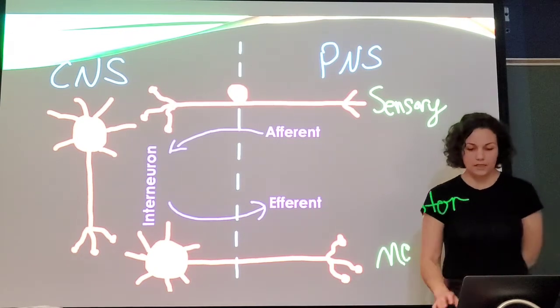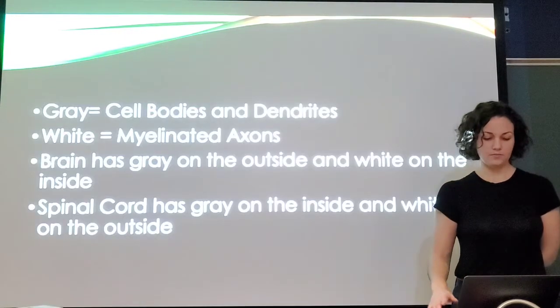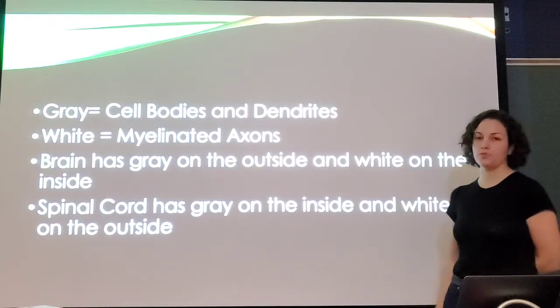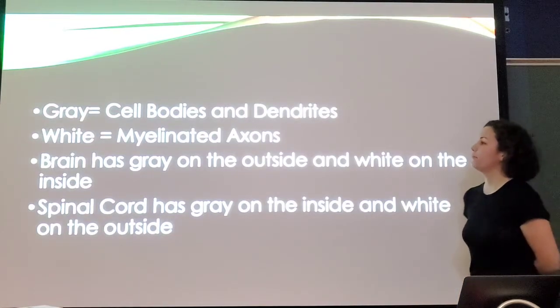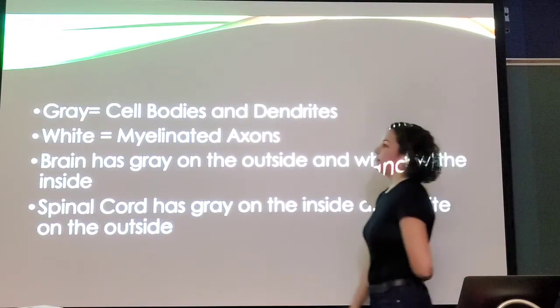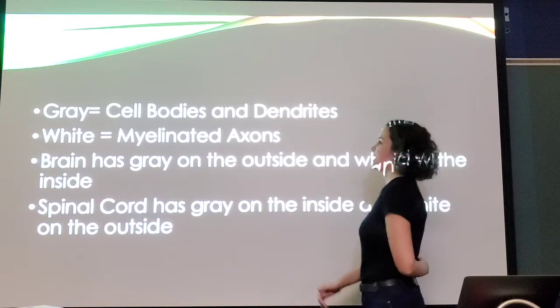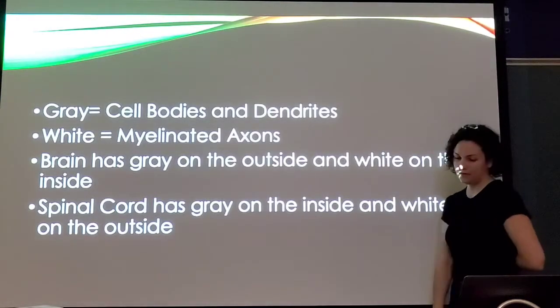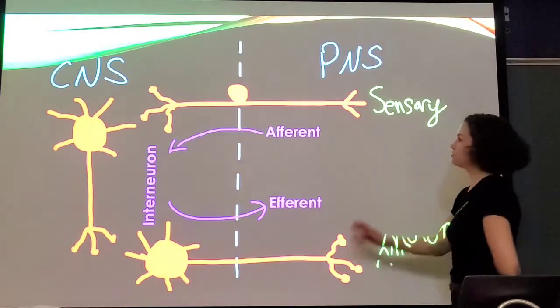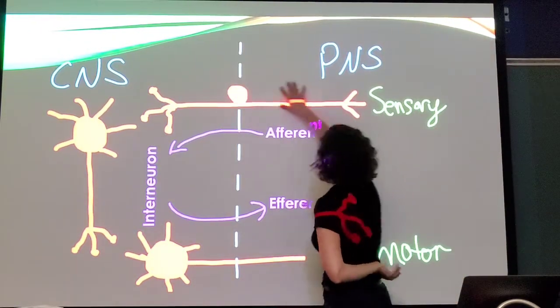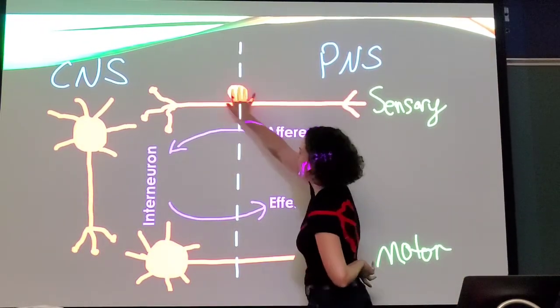All right, lastly, we need to go over the difference between gray and white matter, all right? Now, gray matter is composed of cell bodies and dendrites, okay? So just the dendrites, just the cell body.